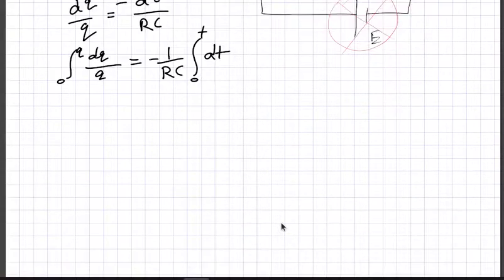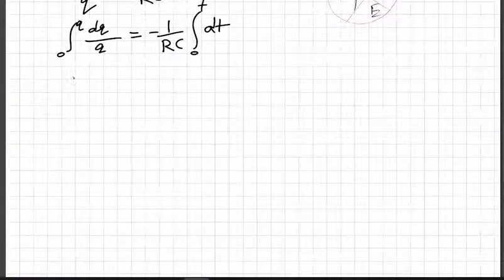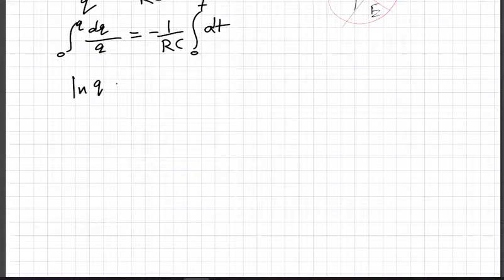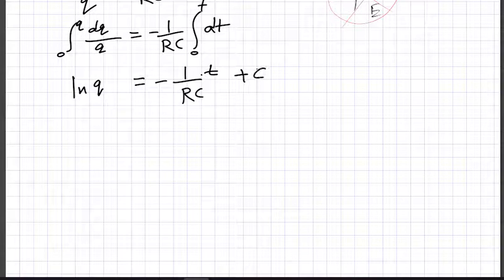Now you integrate this and what you get is ln q, natural logarithm of q, between the limits 0 to q, is equal to minus 1 by RC into t plus we need the constant of integration. Even though it is a definite integral, we are not sure about the limits, the t and q, so we still put the integration constant here.